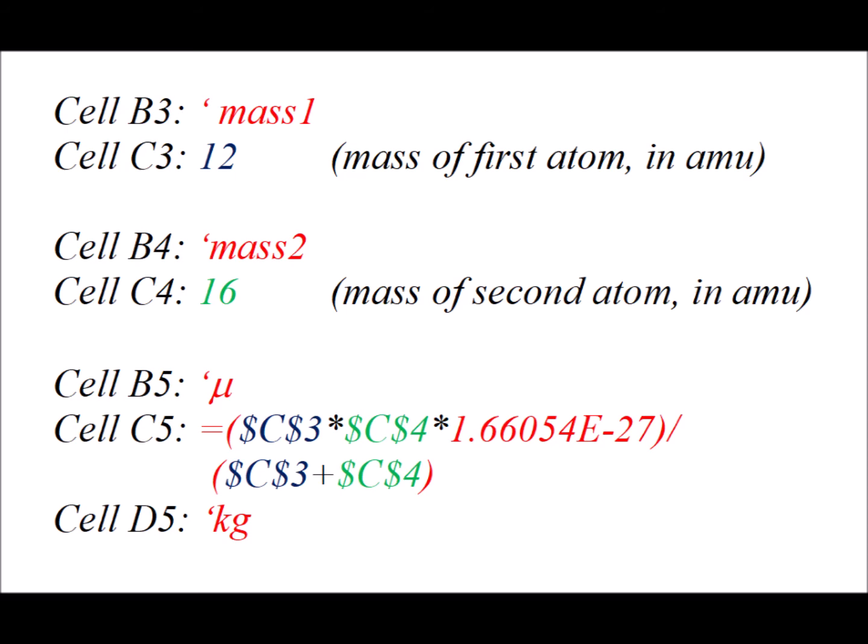In cell B5, we have the label mu for the reduced mass. And then in cell C5, we have a formula to calculate the reduced mass based upon the mass of the two atoms involved. And then in cell D5, we show that the units for this quantity mu are going to be kilograms.